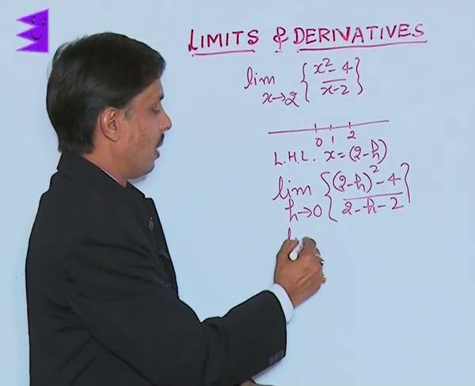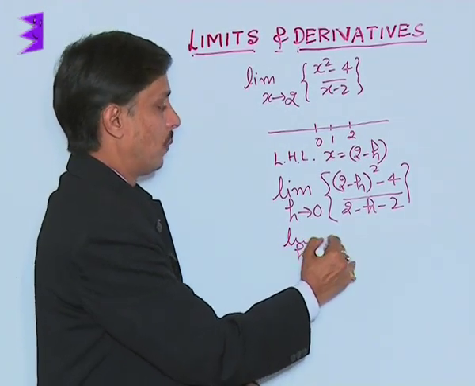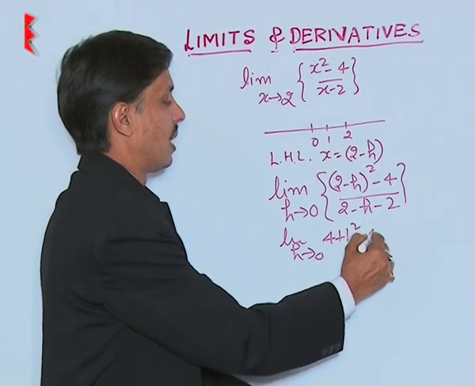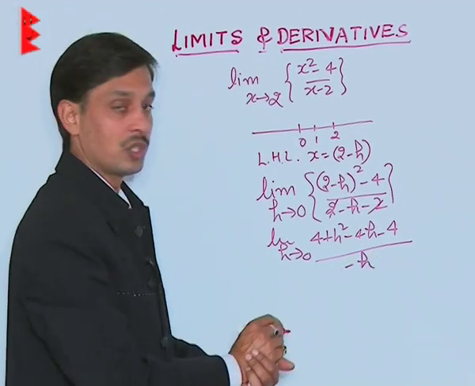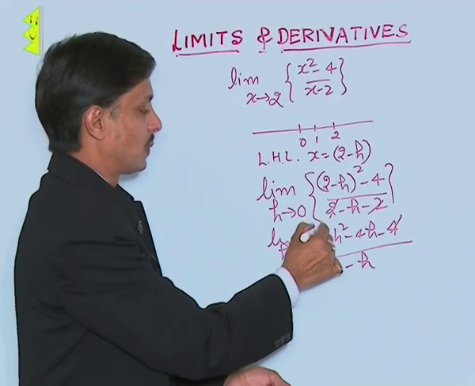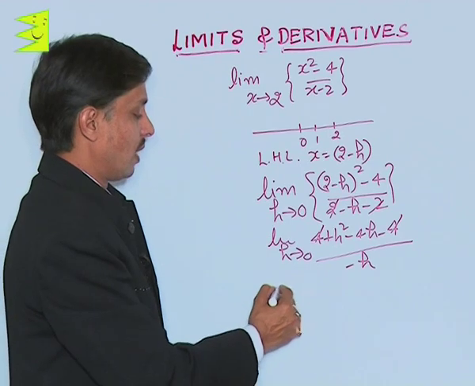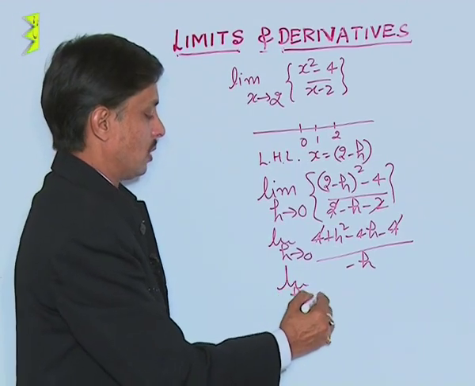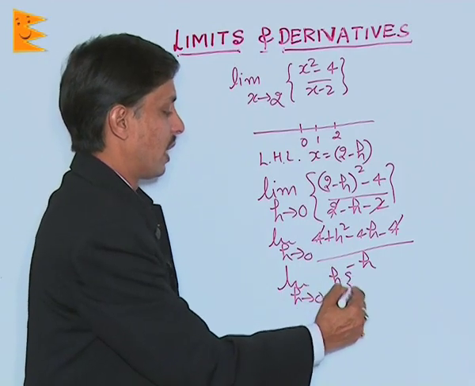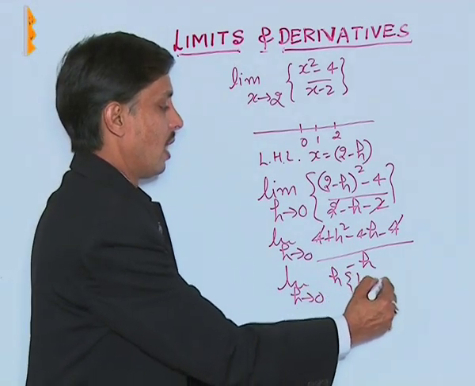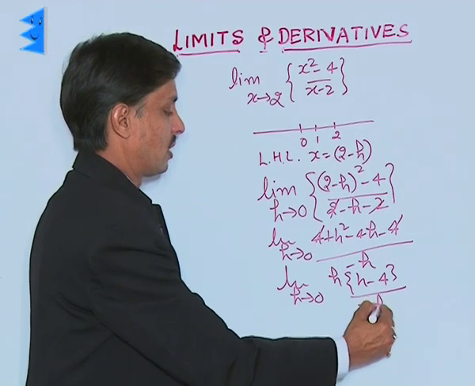So we will get limit h tending to 0, 4 plus h square minus 4h minus 4 upon minus h. Minus 4 gets cancelled, and the value of the function, that is the left hand limit, is coming out like this: h taking common, h minus 4 upon minus h.